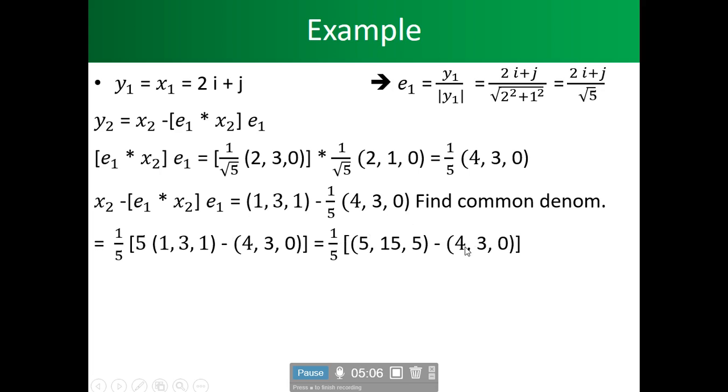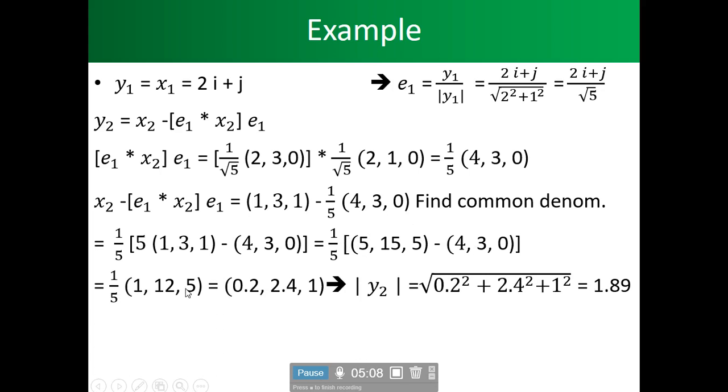Now we subtract: 4 from 5 gives 1, 3 from 15 gives 12, 0 from 5 gives 5. Now we multiply 1/5 times this. 1/5 is 0.2, 12 divided by 5 is 2.4, and 5 divided by 5 is 1. So we have that complete.